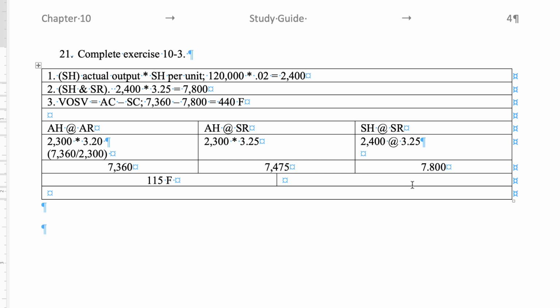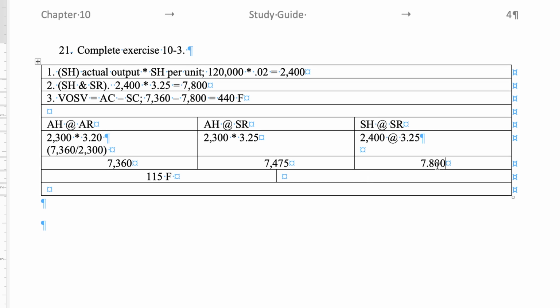Okay, so if we compare these two, and again we're keeping the rates the same and we're just looking at the hours, right? The actual hours versus the standard hours. Well, if I take the difference between the hours, which is 100, multiply it by 3.25, well, that's easy math, I get $325 favorable. But I'm not too keen with those equations.